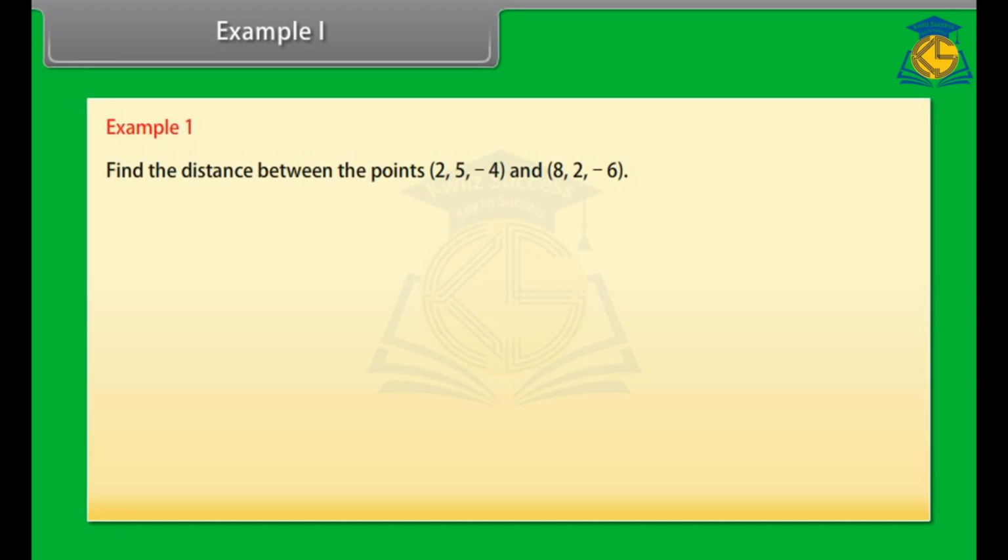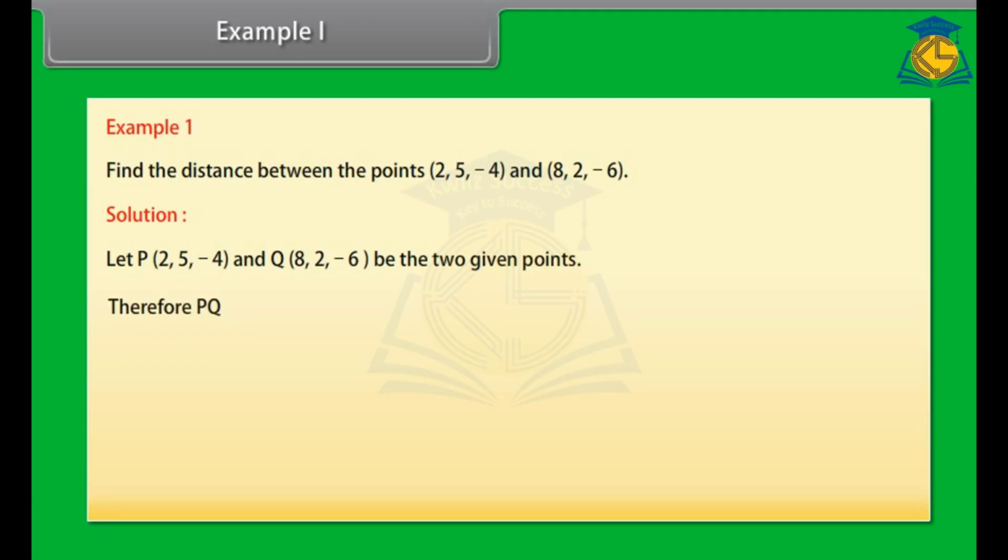Example 1. Find the distance between the points (2, 5, −4) and (8, 2, −6). Solution: let P(2, 5, −4) and Q(8, 2, −6) be the two given points.